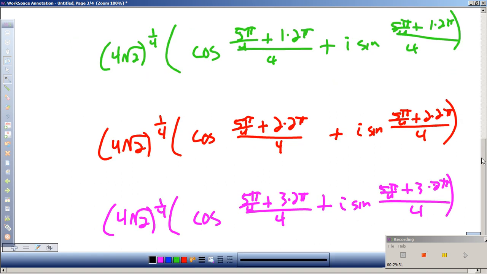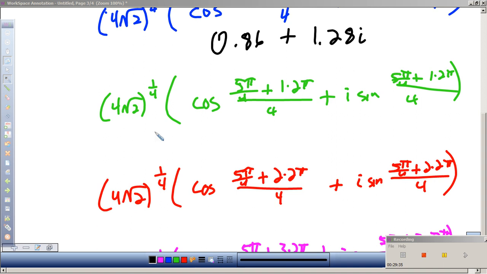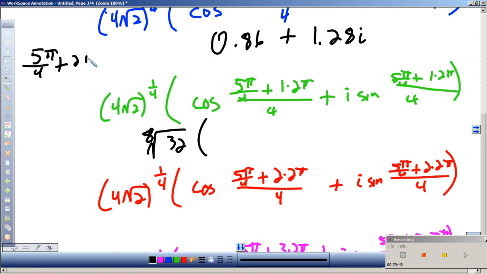Then I'm going to write the second one here in exact form. So depending on what it asks for, we've got the 8th root of 32 times, what's 5 pi over 4 plus 2 pi? Oh, 4x. Sorry.